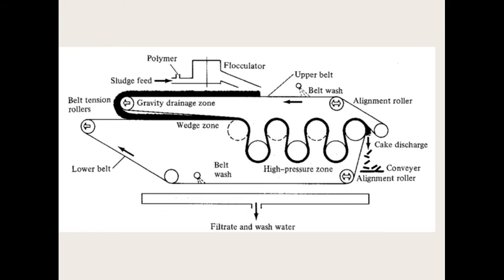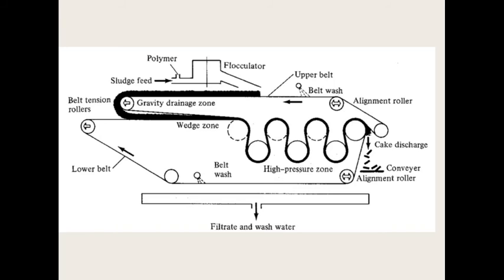Secondly, we can dispose of that sludge by irrigation or by the agriculture process, and either we can treat that sludge. The final destination of treated sewage sludge is usually the land or the ocean.